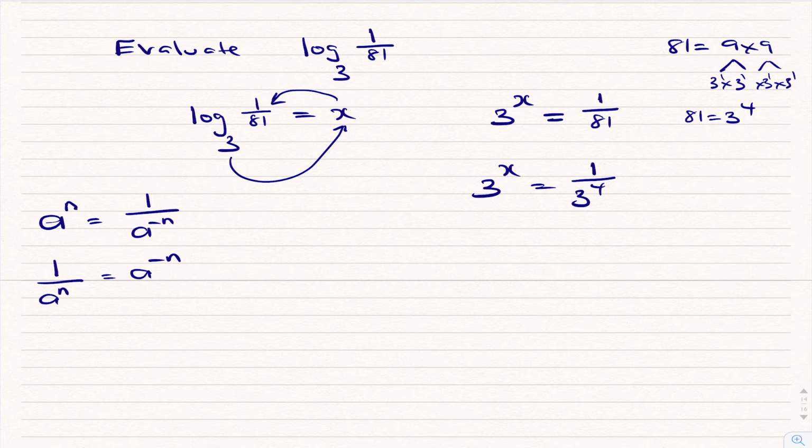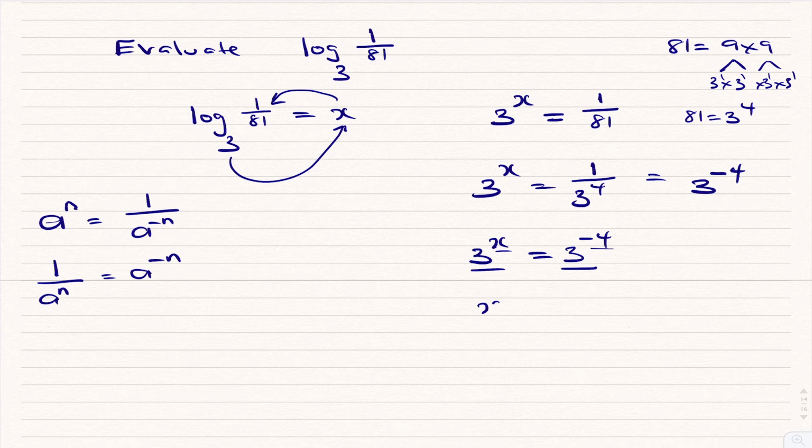So this will become 3 to the power minus 4. Therefore, 3 to the power of x equals 3 to the power minus 4. Because the bases are the same, and there's an equal sign between them, the powers will be equal.